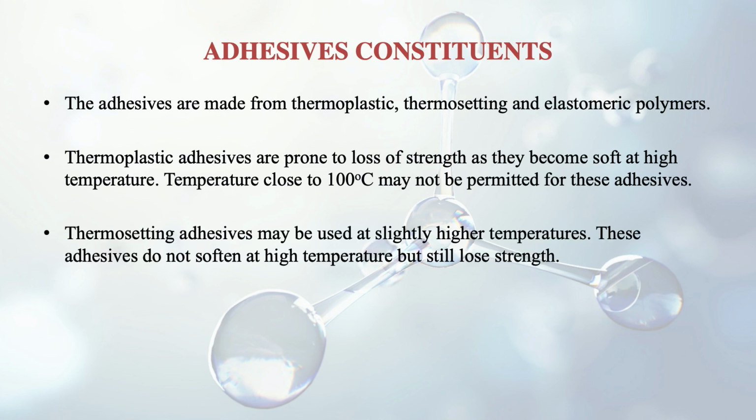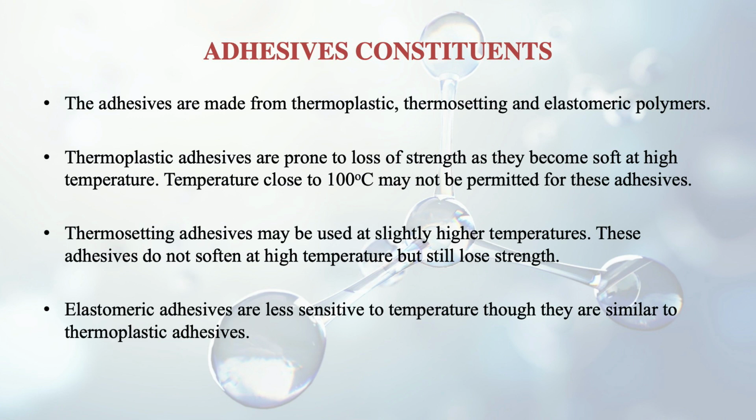Thermosetting adhesives may be used at slightly higher temperatures, and these adhesives do not soften at high temperature, but still they also lose their strength. So thermosetting can go up to a certain higher temperature as compared to thermoplastic, but it also has limitations. Elastomeric adhesives are less sensitive to temperature, though they are similar to thermoplastic adhesives.